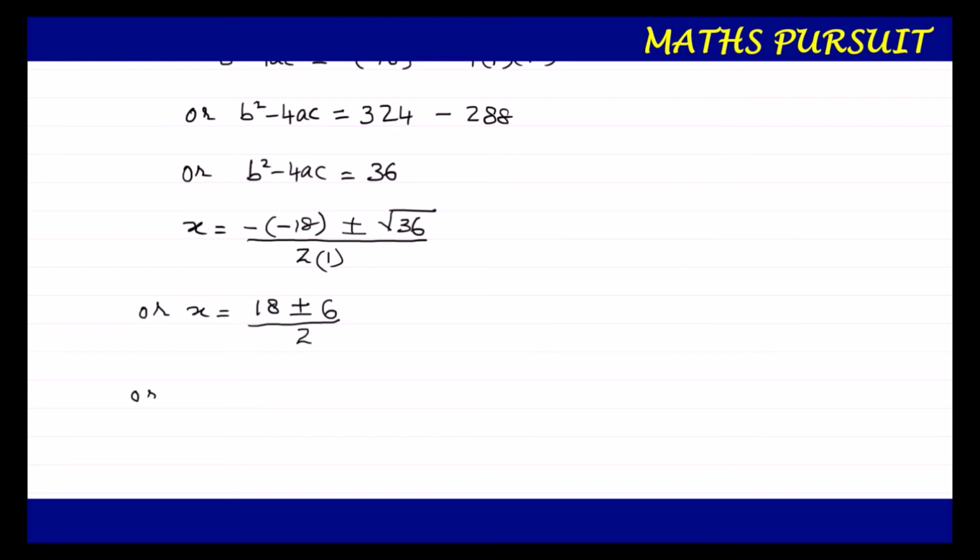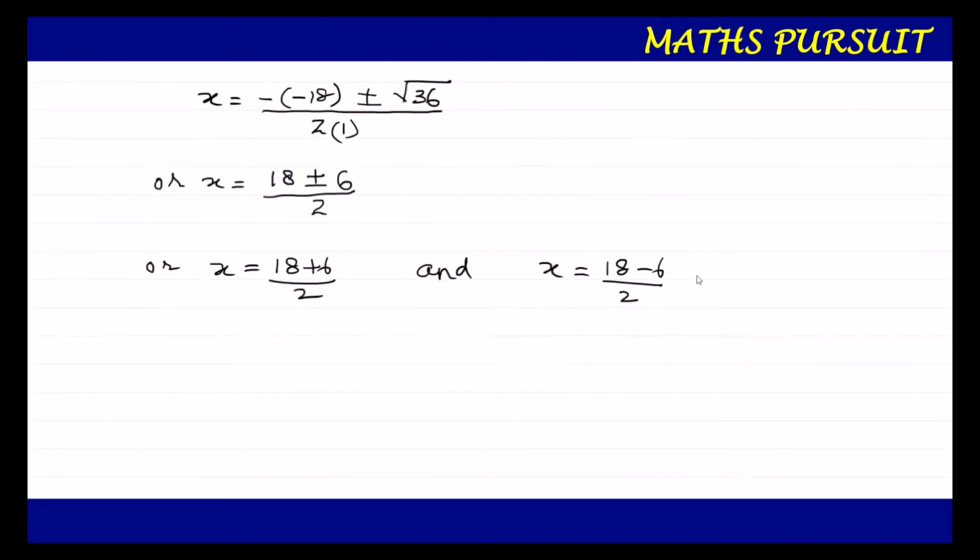Now let us segregate these values. One is x = (18 + 6) / 2, and the other is x = (18 - 6) / 2. Hope guys, till here we are pretty clear.